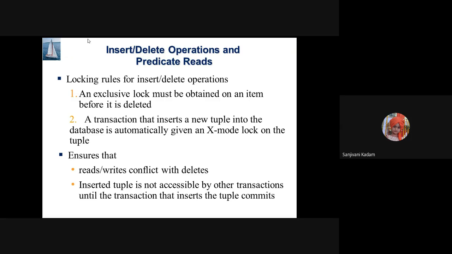Whenever a transaction is performing a write operation, that tuple needs to be locked in exclusive mode, and unless and until that transaction commits, it is not accessible to others. So whenever writing needs to be done, first we need to give an exclusive mode lock, and then only can we insert that value, and unless and until that transaction commits, we cannot make that tuple available to other transactions.